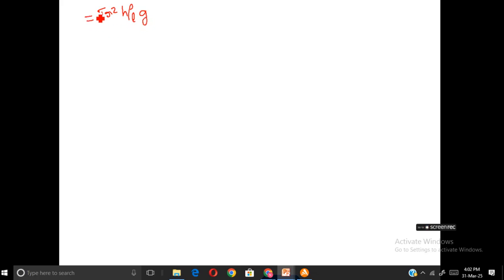Now we know sigma is basically the force per unit length, so the force F will become 2 pi r into sigma.